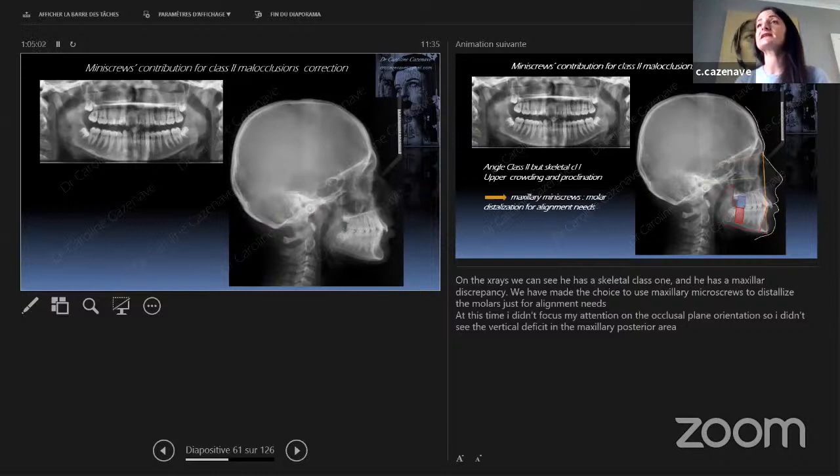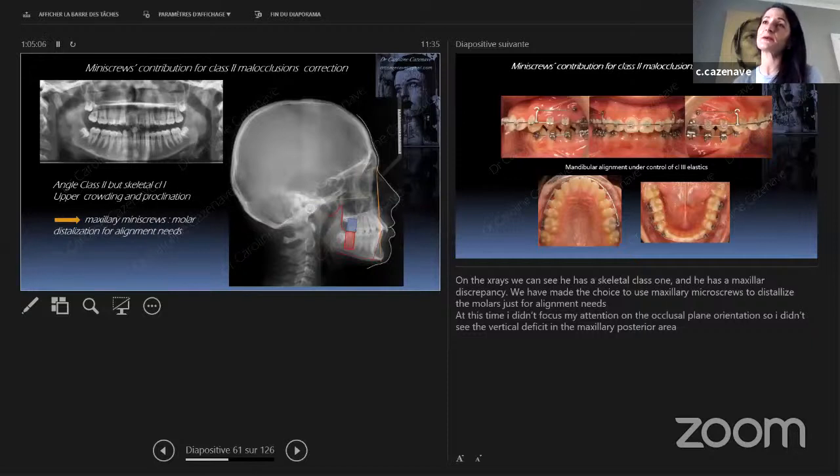On the X-rays, we can see he has the skeletal class 1 and he has a maxillary discrepancy. We have made the choice to use maxillary miniscrews to distalize the molar just for alignment needs. At this time, I didn't focus my attention on the occlusal plane orientation, so I didn't see the vertical deficit in the maxillary posterior area.